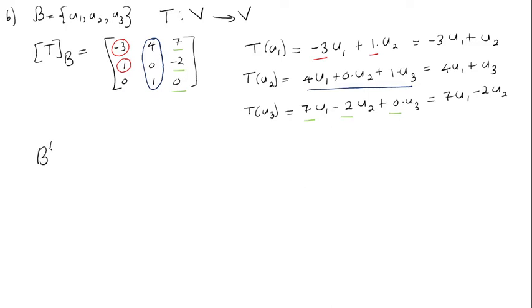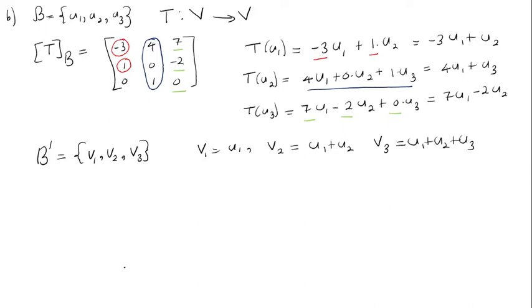My basis B prime is v1, v2 and v3, and it is given that v1 equals u1, v2 equals u1 plus u2, and v3 equals u1 plus u2 plus u3.